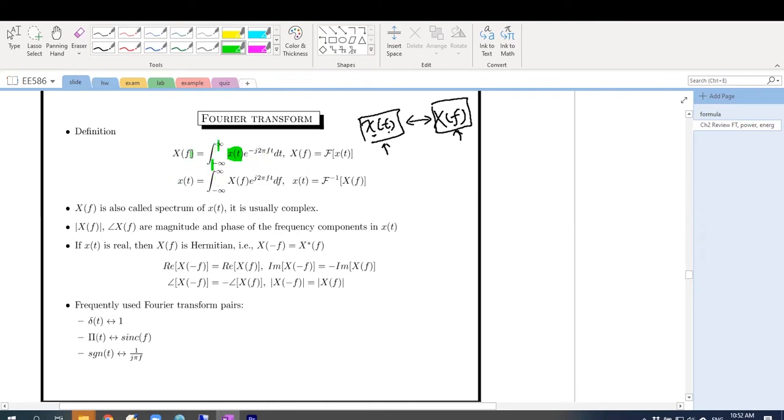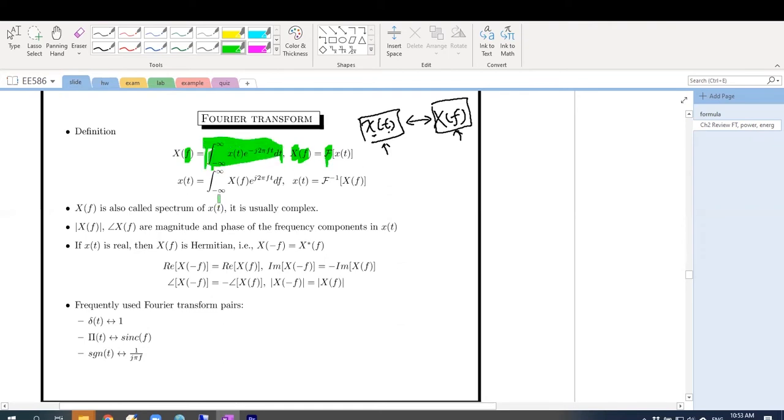The result is a function of f because the variable t has been integrated out. In notation, X of f equals the Fourier transform, curly F, of x of t. Curly F here is an operation.